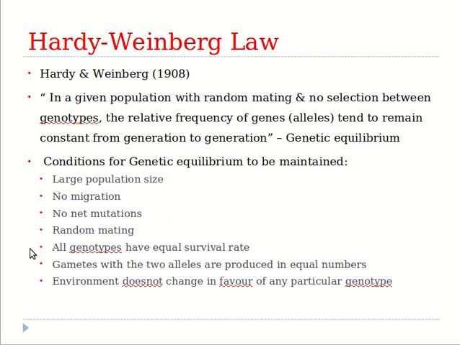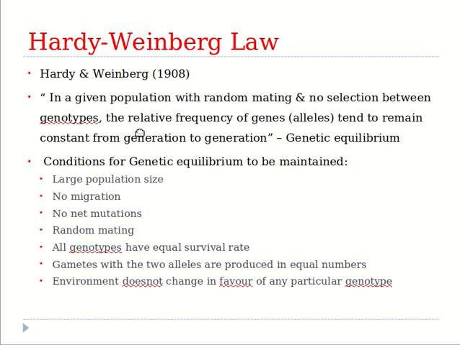The Hardy Weinberg law states that in a given population, with random mating and no selection between genotypes, the relative frequency of genes or alleles tend to remain constant from generation to generation. In simple words, the genetic composition of a population will remain constant from generation to generation.